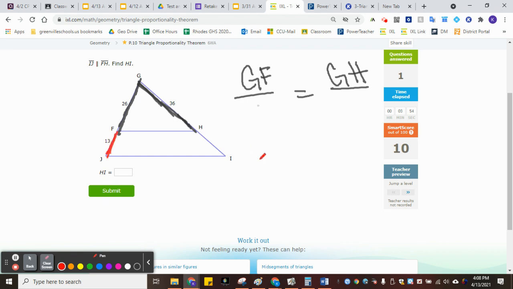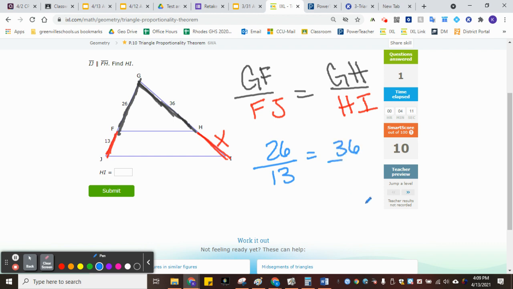The bottom, FJ, is proportional to this bottom, HI. And we are solving for HI. So we fill it all in. GF is 26, FJ is 13, GH is 36. We're solving for HI. Cross multiply.